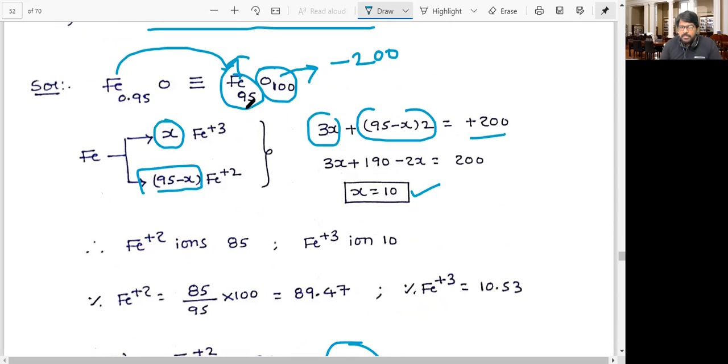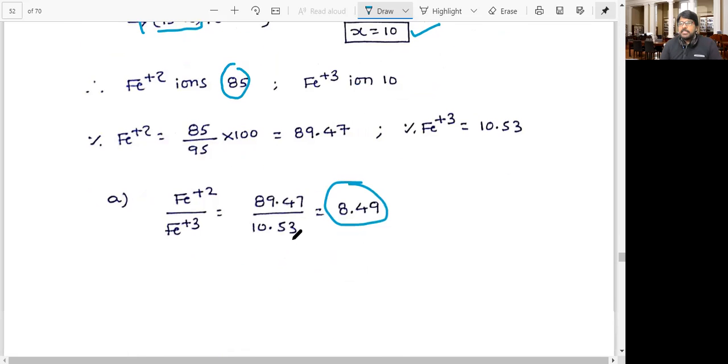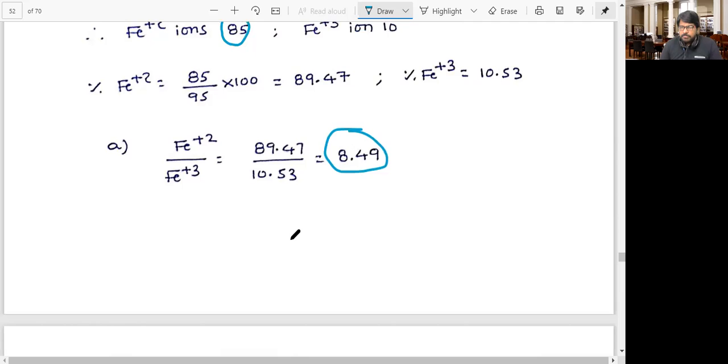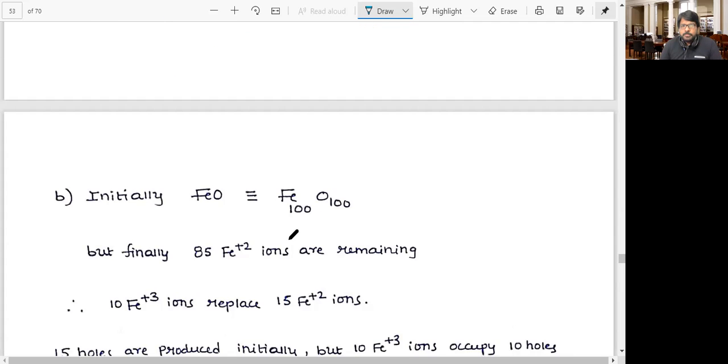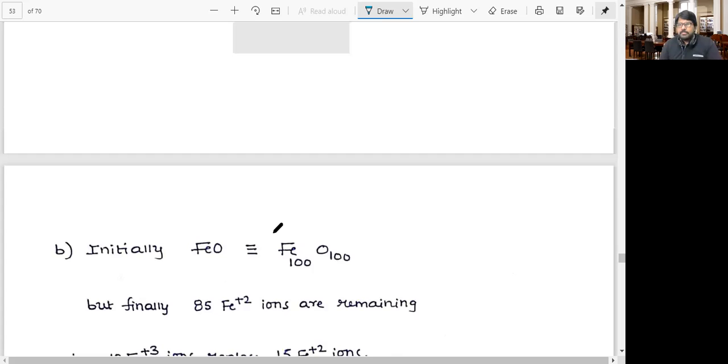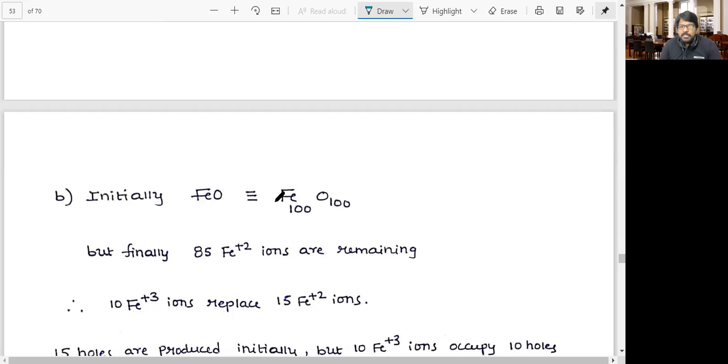You see once again, out of 95 irons, 85 are Fe+2 ions and 10 are Fe+3 ions. And what is the percentage of vacant cationic sites? Initially, if there is no defect, this will be the formula because he said NaCl type structure, no?